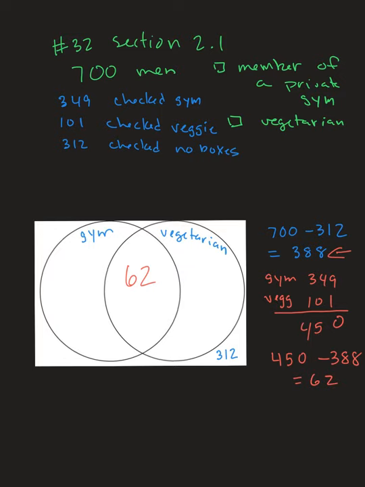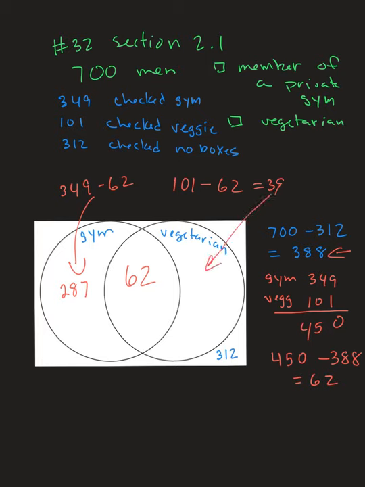And now I can find the gym. So 349 minus 62 is going to tell me what goes here. So 349 gym guys minus 62 already accounted for, that's 287. And then for vegetarian, there's 101 vegetarians minus the 62 that are already accounted for, which is going to give me 39, right?